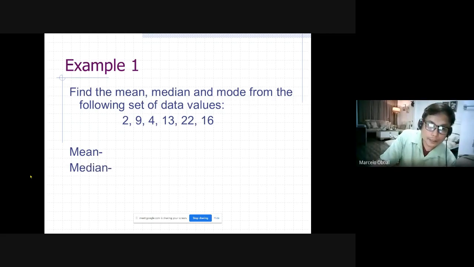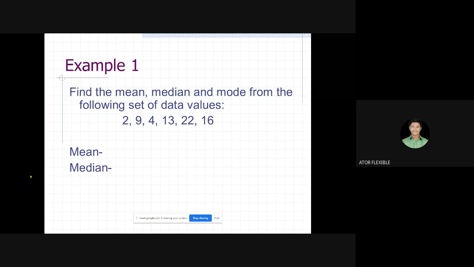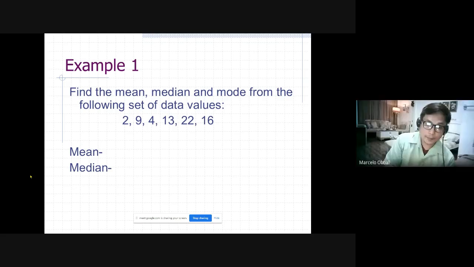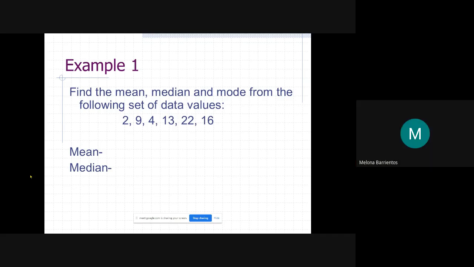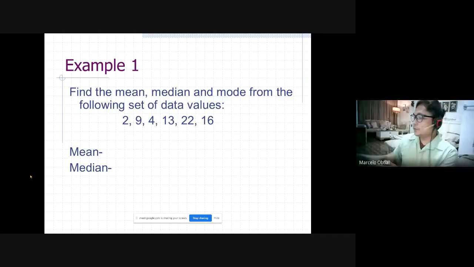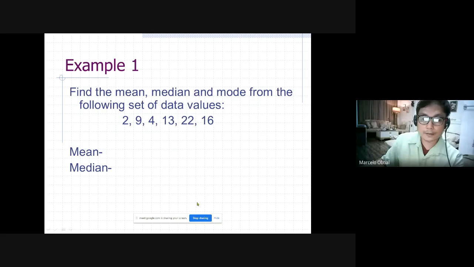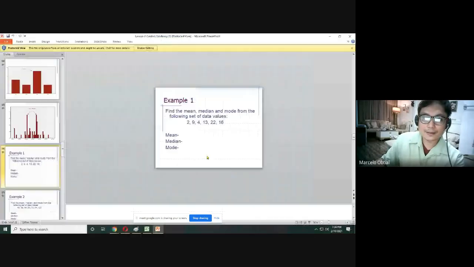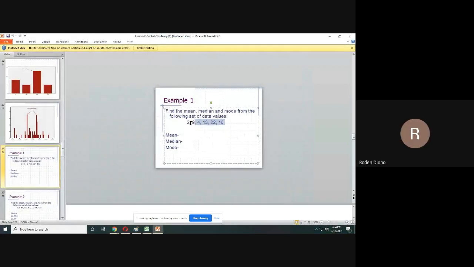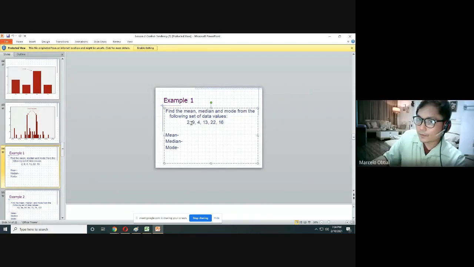Kung ako 11. Median, ho? 11 pa rin, sir. Okay, very good. Nakuha ba ng lahat ng 11? Do I need to check sa Excel? Yes, sir. Yes, please. No need or need pa?